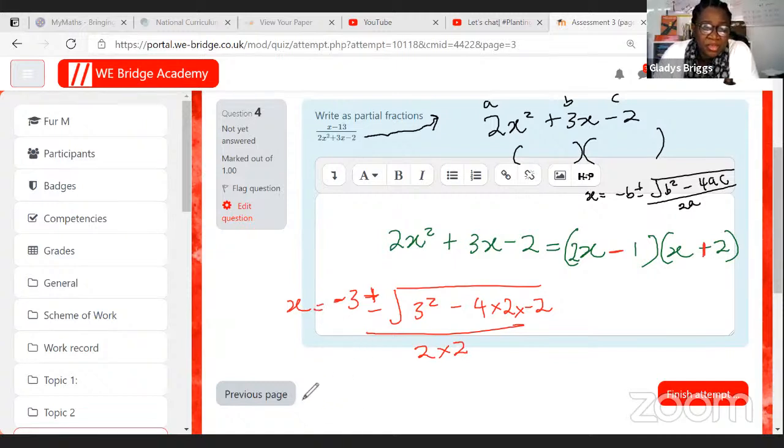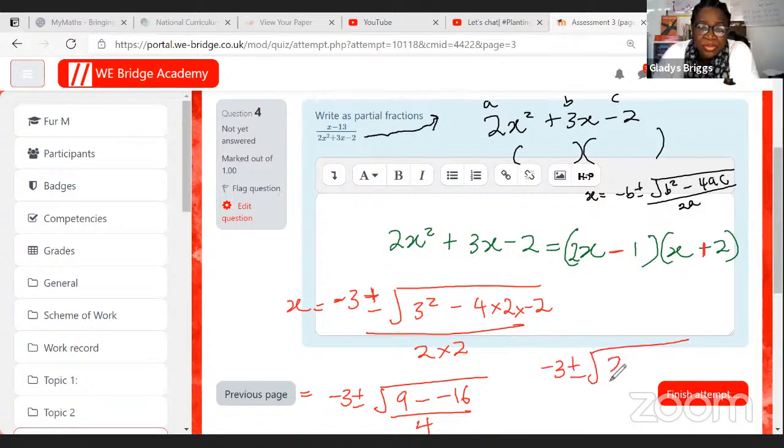And this would be equal to minus 3 plus or minus the square root of 9 minus 4 times 2, which is 8. 8 times negative 2 is negative 16, over 4. Minus 3 plus or minus, what's this? The square root of 25 over 4. Minus 3 plus or minus 5 over 4.